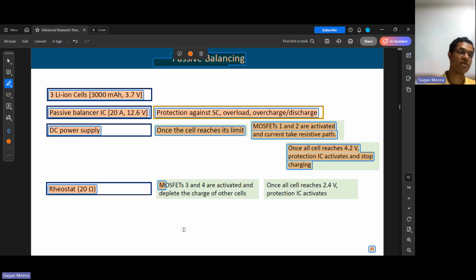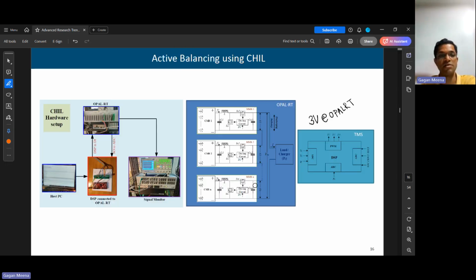Once all the cells reach 4.2 volts, the protection IC activates and stops charging. While in the discharging case, using the rheostat, MOSFETs 3 and 4 are activated and they deplete the charged cells. Once all the cells reach 2.4 volts while discharging, the protection IC activates and stops the discharging process.